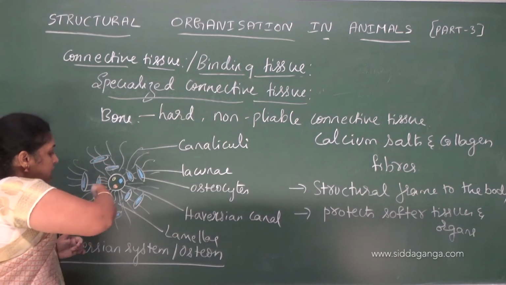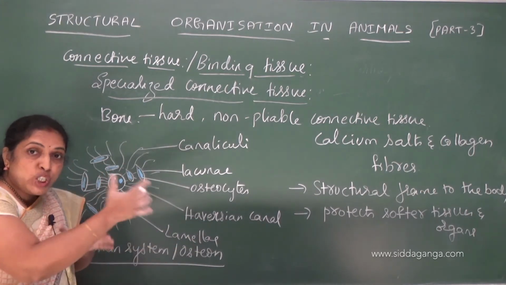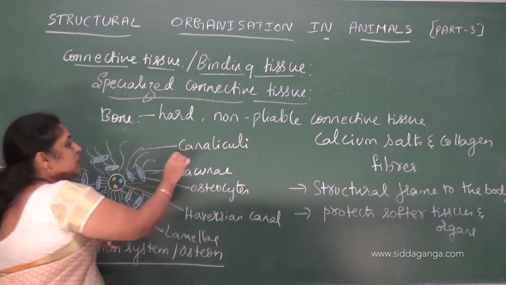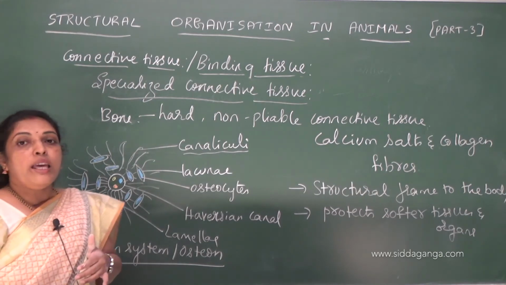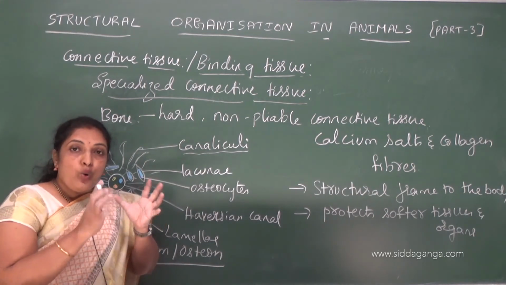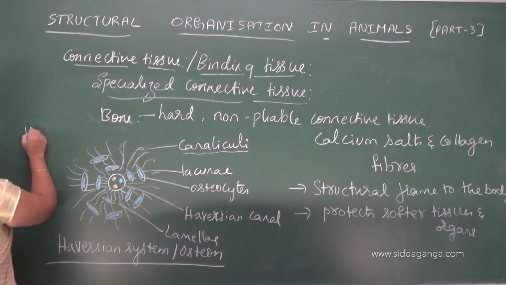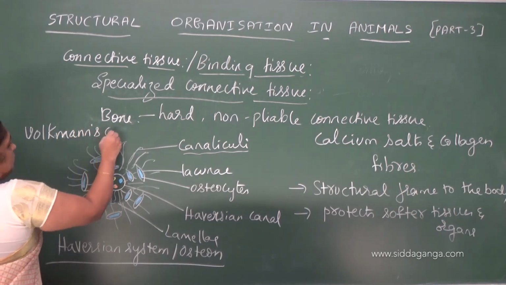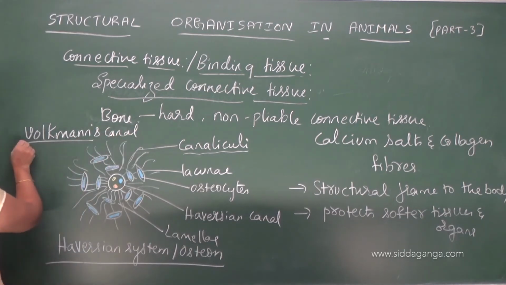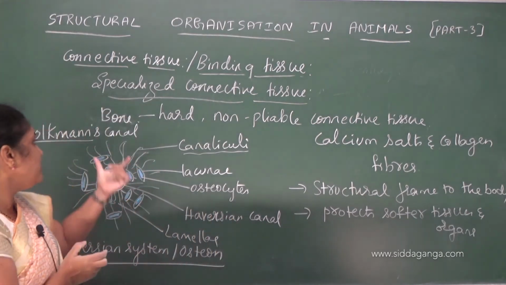One concentric lacunae layer is called lamellae, and the lamellae are interconnected through hair-like structures called canaliculi. And 2 or 3 Haversian systems are interconnected with each other by Volkmann's canal.